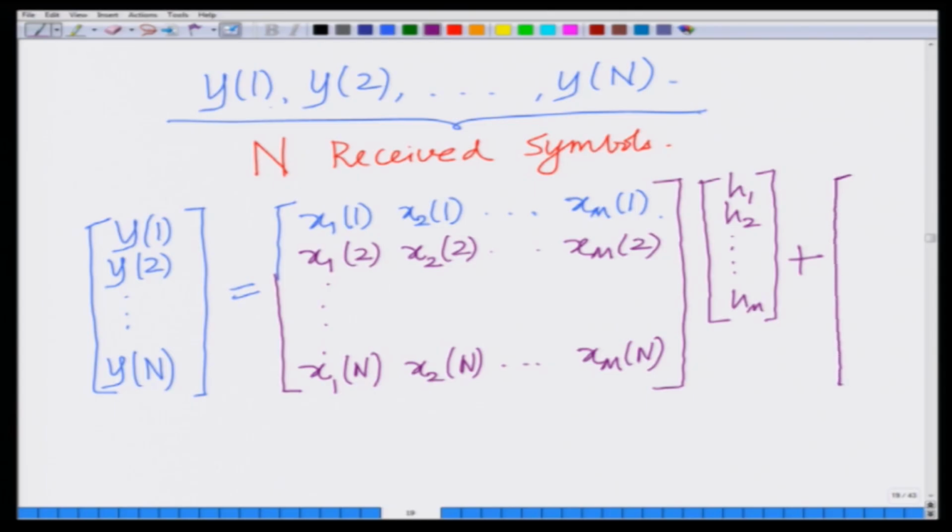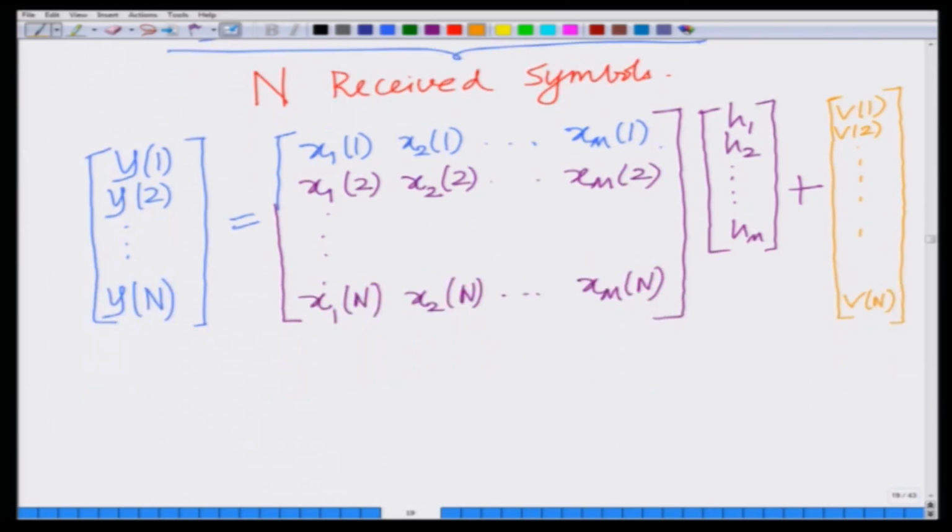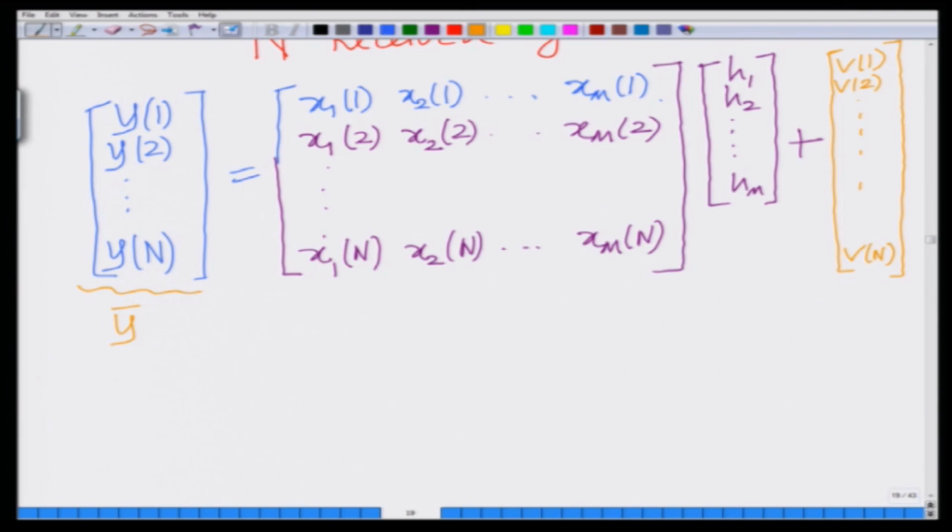The noise vector is naturally going to be of dimension n, that is V1, or noise sample at time instant 1, V2, so on up to Vn, and this is basically your input output pilot symbol model. Now, let me denote this vector of received symbols as your vector y bar. This is your vector of received symbols.